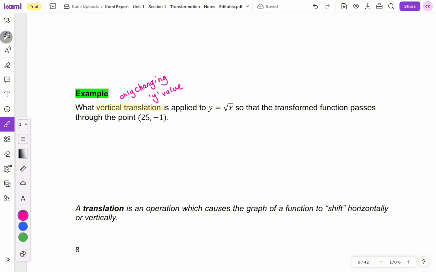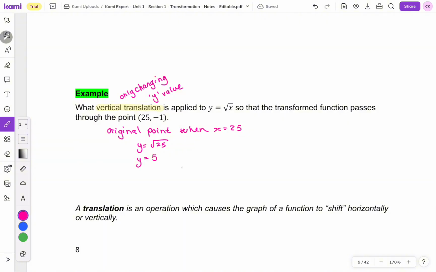That means that this has to stay the same. So if the x value is 25 in my image point, it means it needs to be 25 in my parent function as well. So first we figure out the original point when x equals 25. We've got to find the y value when x equals 25. Well, that would be 5.